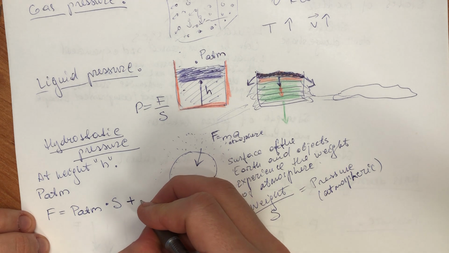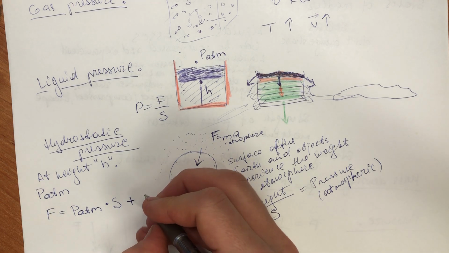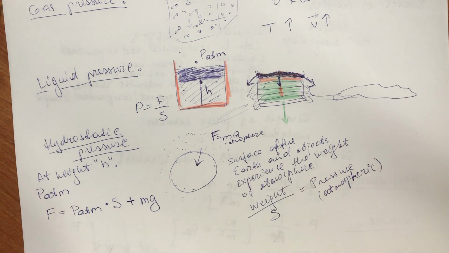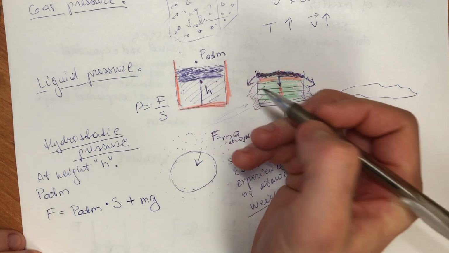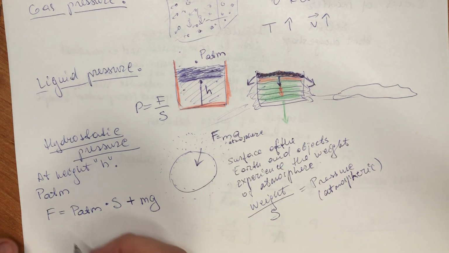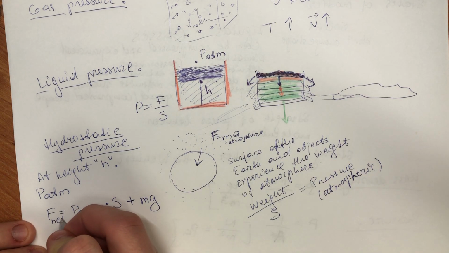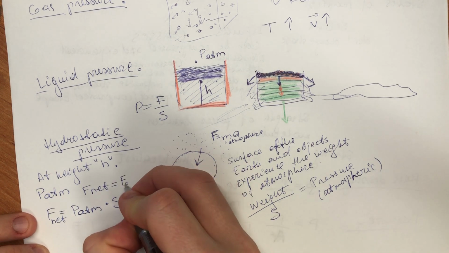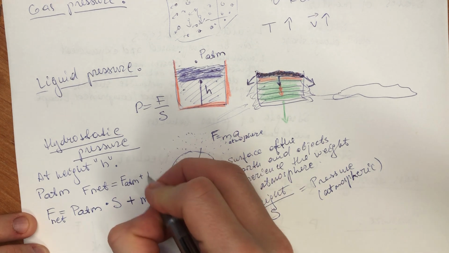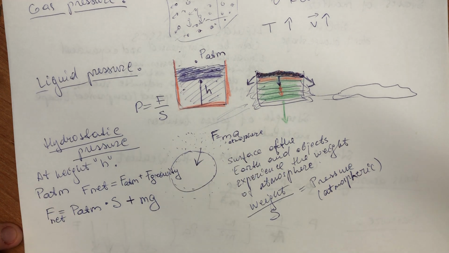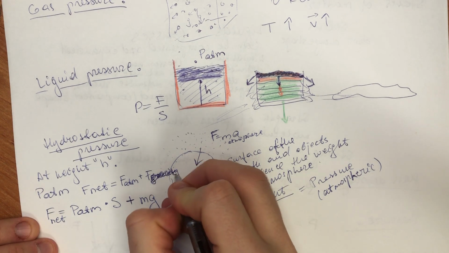It is given by the force of gravity, so it would be mass times g of this layer of water. We can write that this is the net force. So F net would be F atmosphere plus F gravity, or weight. In this case, it would be better to write weight.